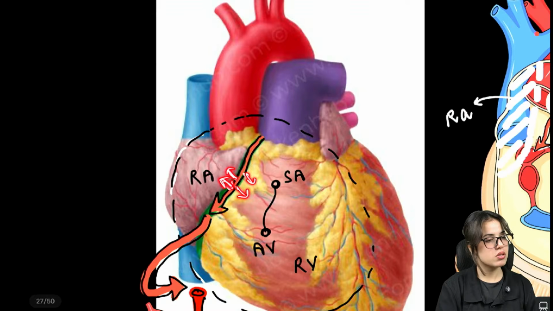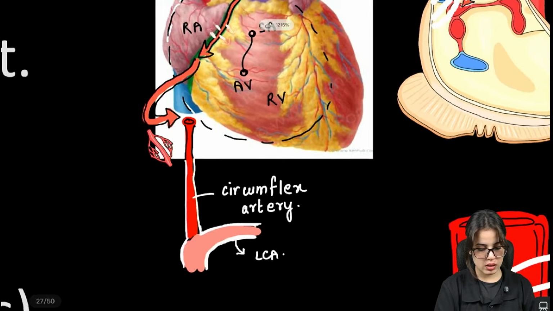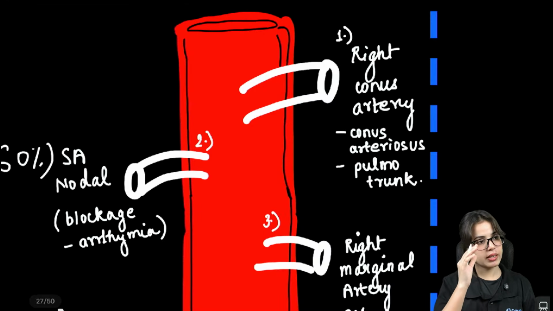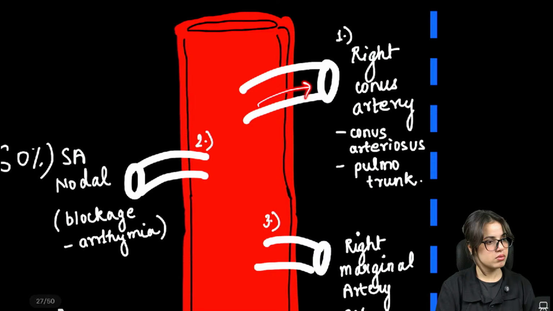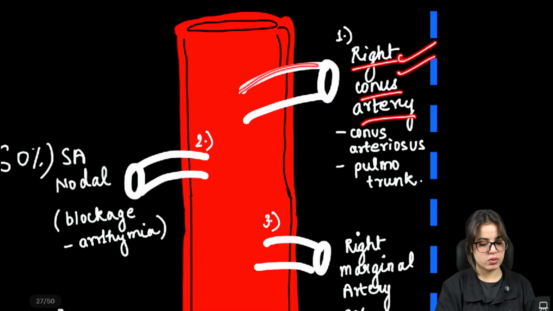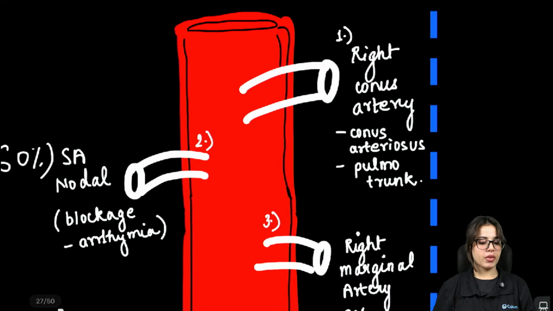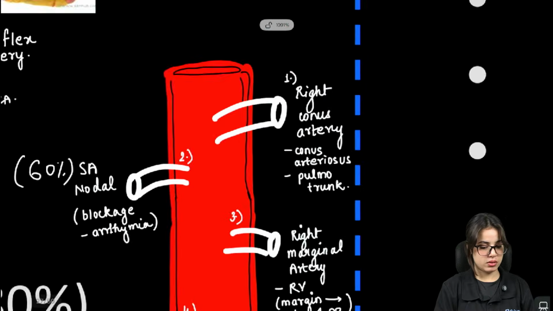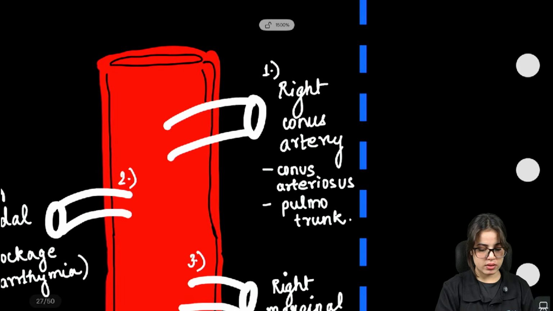What are its branches? We'll see here. The first branch is right conus artery. If you notice, so that the diagram gets engraved in your brain exactly as I've made it, the right ones are here, just in case. So one artery goes out from the right coronary artery. It's called the right conus artery.